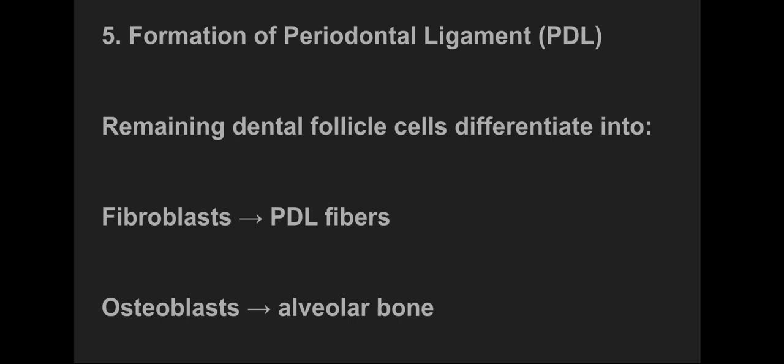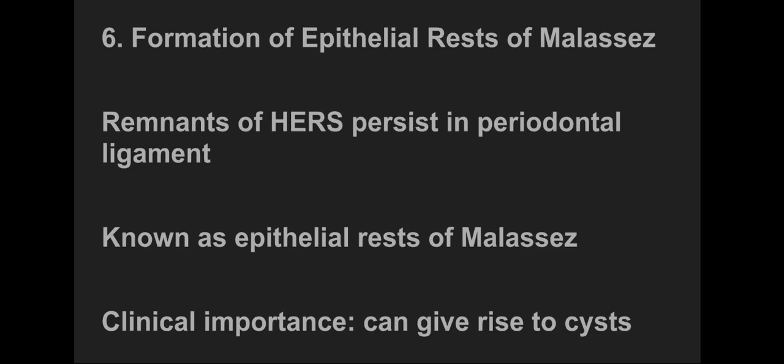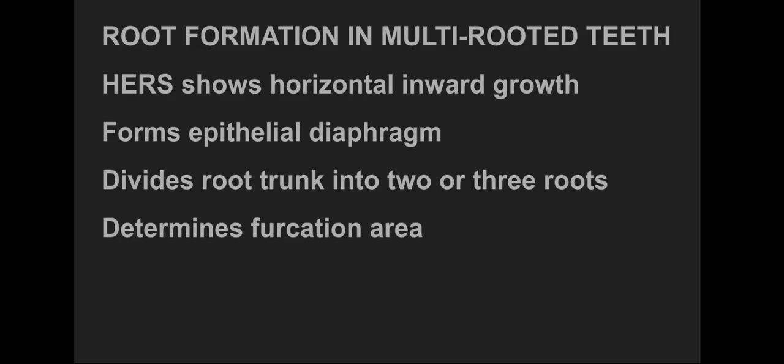Formation of PDL: remaining dental follicle cells differentiate into fibroblasts, which lead to PDL fibers. Osteoblasts lead to alveolar bone. Formation of epithelial rests of Malassez: remnants of Hertwig epithelial root sheath persist in the periodontal ligament, known as epithelial rests of Malassez. Clinically important, they can give rise to cysts.